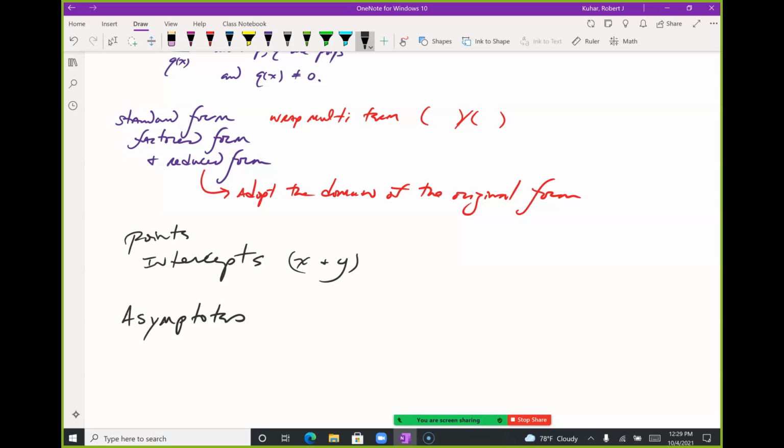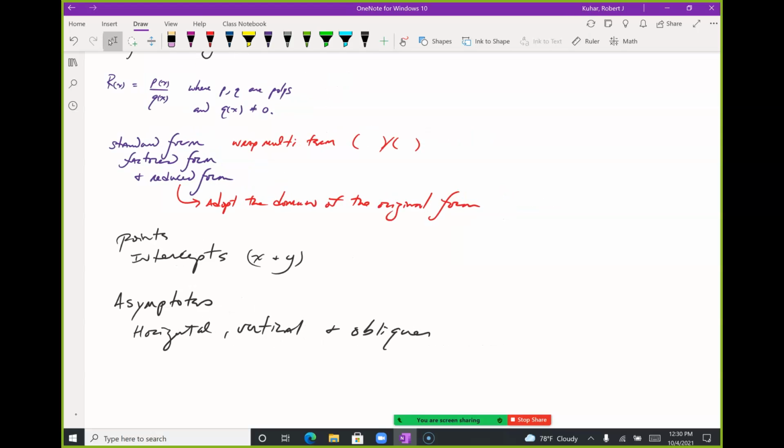So we could have horizontal, vertical, and obliques. Horizontal asymptotes, right? Vertical asymptotes, and obliques would be some kind of diagonal asymptote.